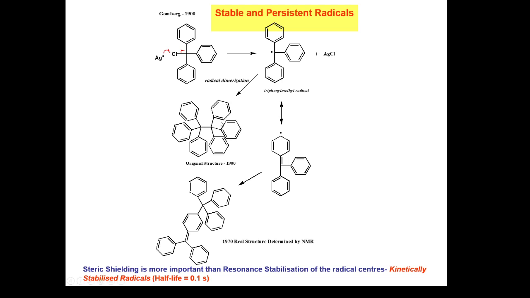That's what was proposed, what it looked like. When this reaction was carried out and technology got better in the 70s, they did an NMR of this product. And they actually found it looked like this down here and not this, because the lone radical was stabilized throughout the ring by the pi electrons in the phenyl groups.